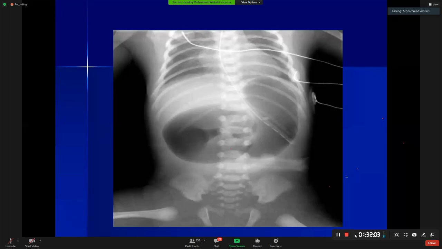Or you could do an upper GI, especially if you see air distally, to check for any stenosis or duodenal web. If you see air distally, you don't have a risk of aspiration, so it's fine to go with the upper GI series. But if you don't see any air distally, we don't recommend doing an upper GI.